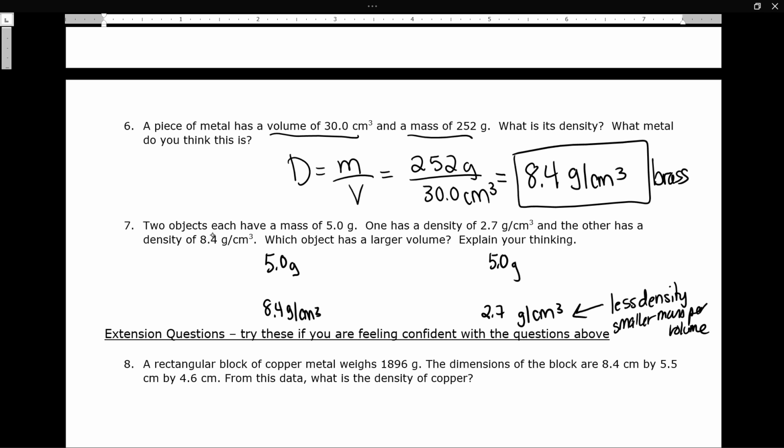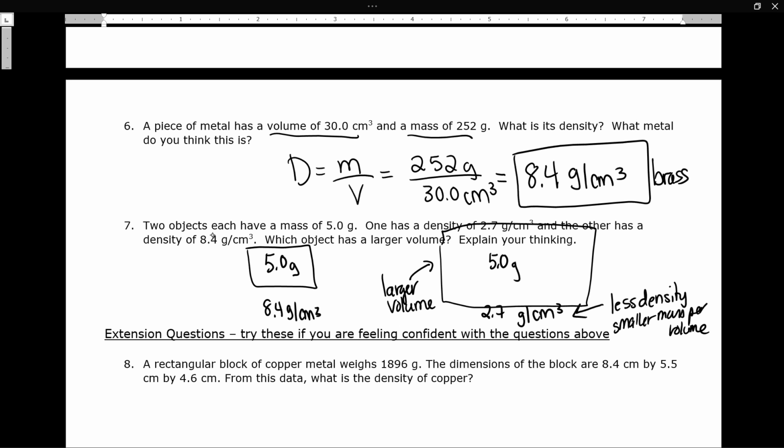So if you're picturing these 5 grams over here, it's going to take up a much bigger space than this 5 grams over here. Because since this object is less dense, it's got less mass per volume than this object over here. So that makes sense kind of visually. This one is then going to have a larger volume.